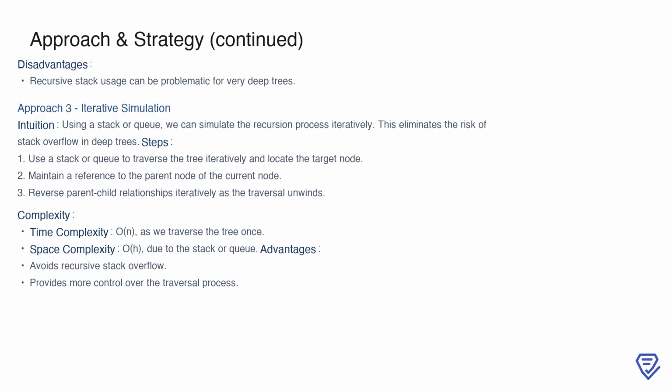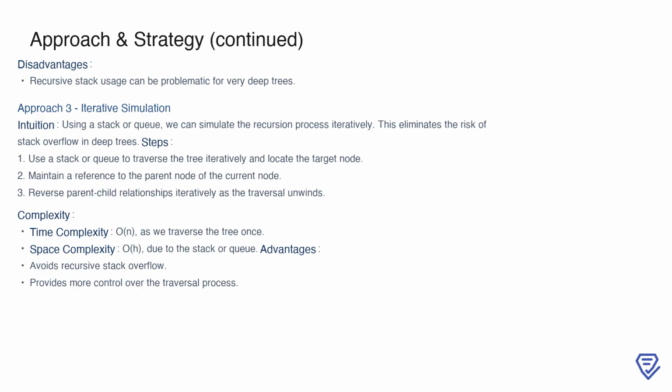To address this limitation, an alternative approach is to use iterative simulation. By employing a stack or queue, we can simulate the recursion process iteratively, which avoids the risk of stack overflow. In this method, we traverse the tree iteratively to locate the target node while maintaining a reference to the parent of the current node.